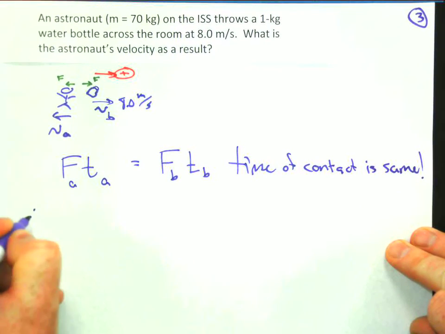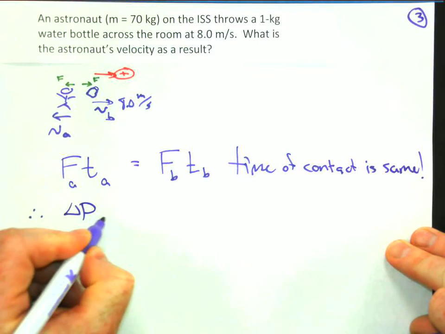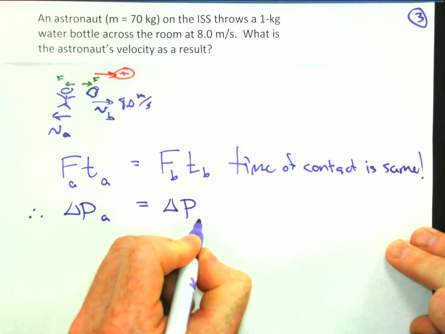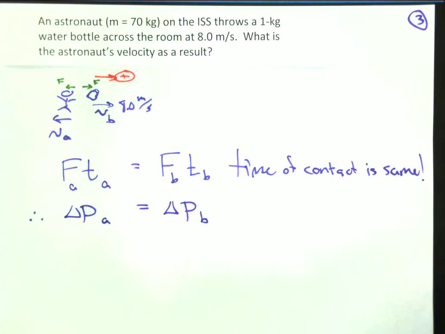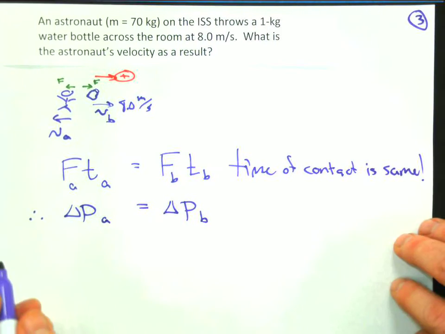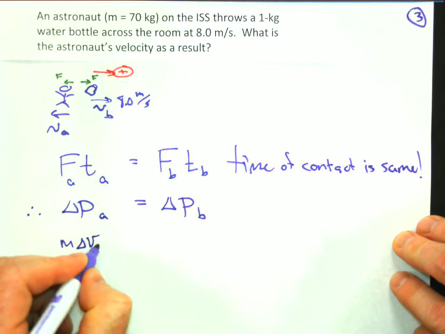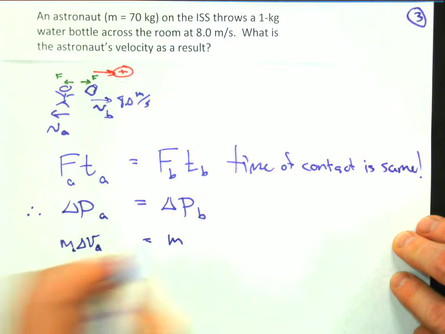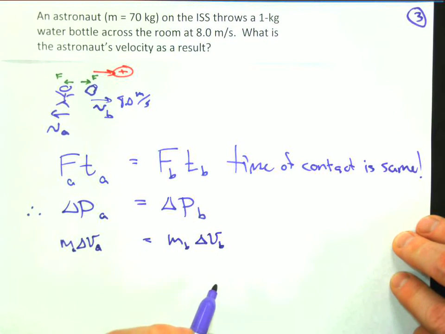So we can say, therefore, there's going to be a change in momentum of the astronaut, and it's going to be equal to the change in momentum, remember lowercase p is momentum, of the bottle. Well, that's pretty awesome. But within the change in momentum, we have the mass of the astronaut times the change in velocity of the astronaut. And over here we have the mass of the bottle times the change in velocity of the bottle.